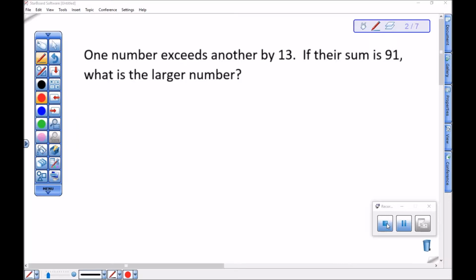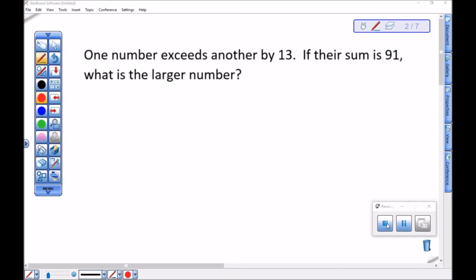All right, so it looks like I've got a couple of things going on here. What I recommend you do is always just start by picking a variable for one thing. Pick it in terms of the thing you know the least about.